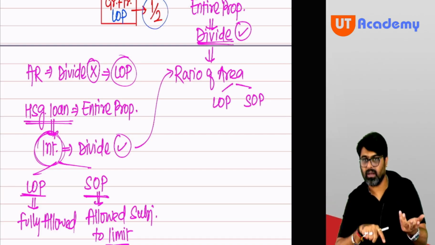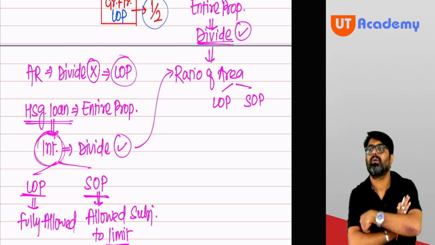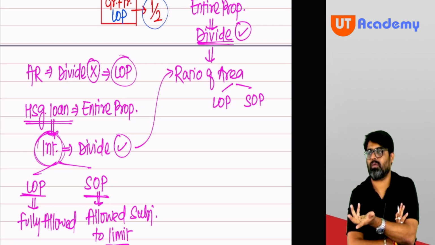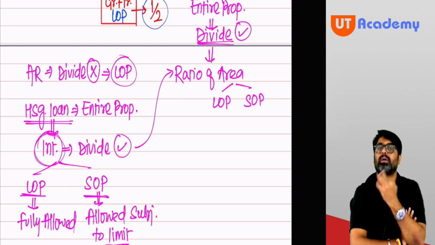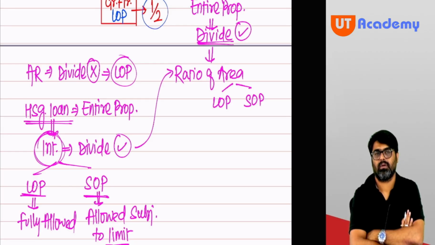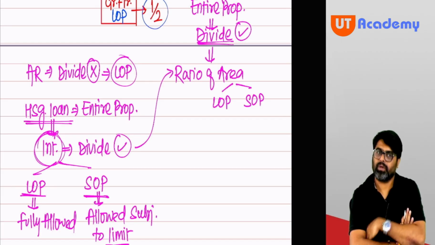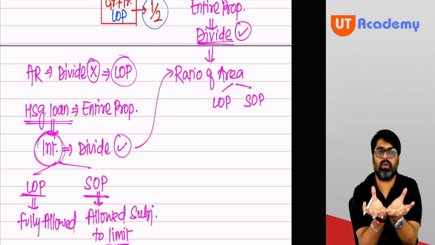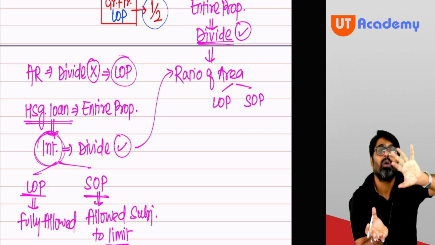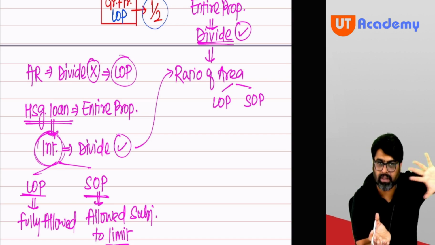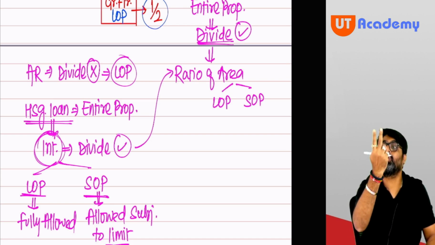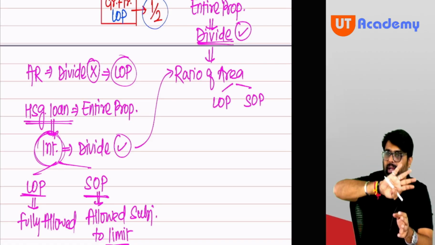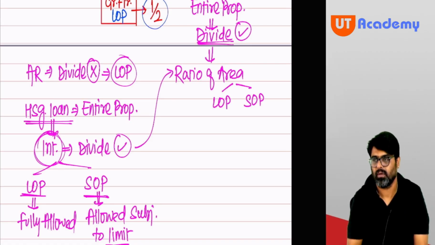Now they might tell you the property has 3 identical units. Out of them 1 unit is let out and the remaining 2 units are self-occupied. So 1/3 is let out, and 2 units out of 3, meaning 2/3, is self-occupied.